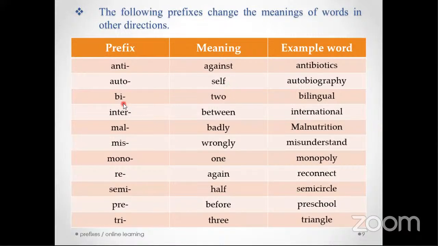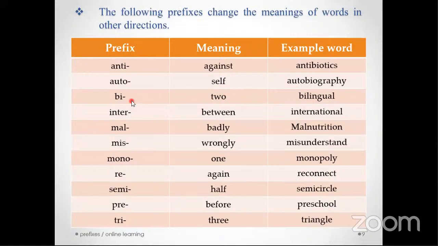Next one, the prefix is bi, that means two. Bilingual, dvibhashamaya, bilingual. Then in IT you can find the word binary numbers, binary, dvime sankhya. Binary, that means two. දෙක කියන අදහසයි එතනින් අදහස් වෙන්නේ.